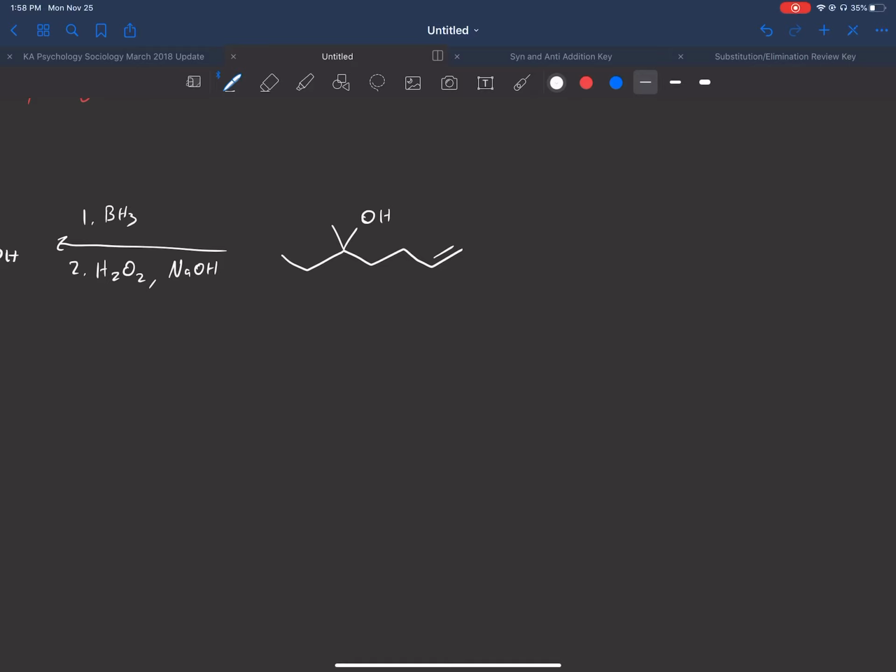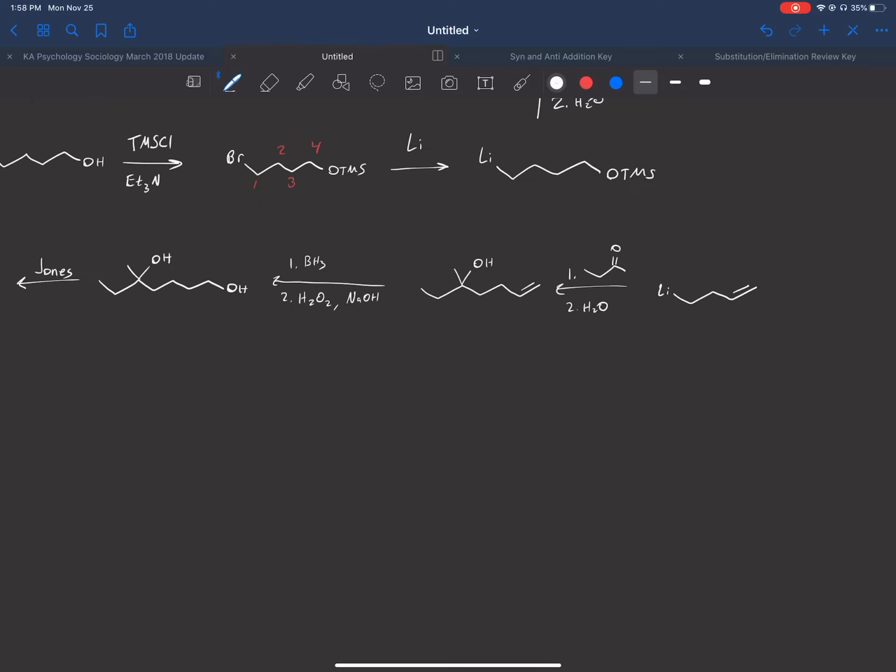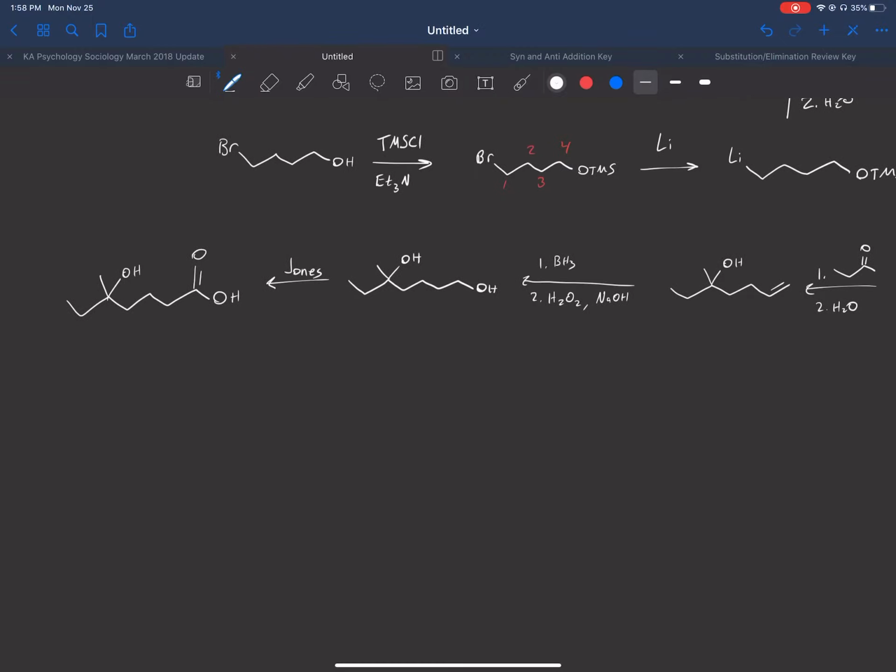So now we don't need to worry about the other OH. Now again, we're going to have this cut, and then our answer is just going to look like this. And so that's another way to do that synthesis.